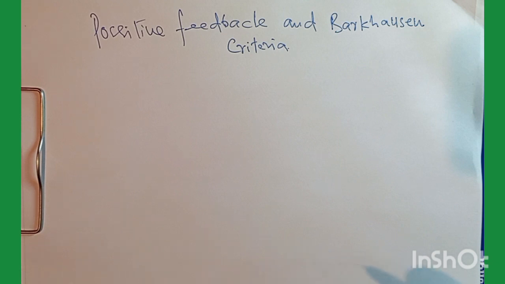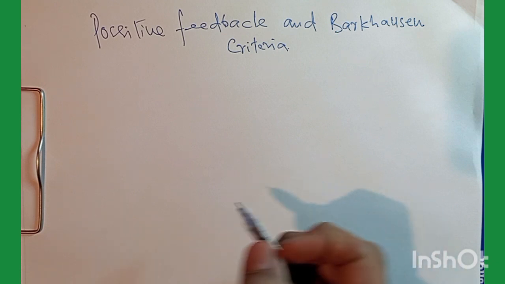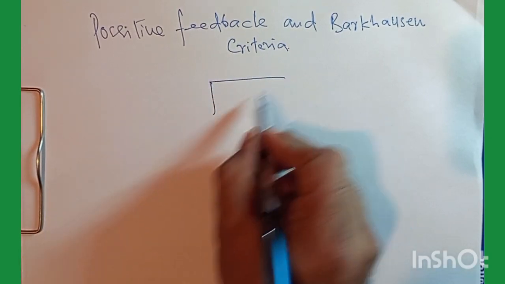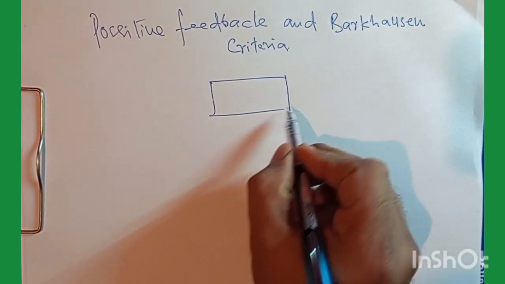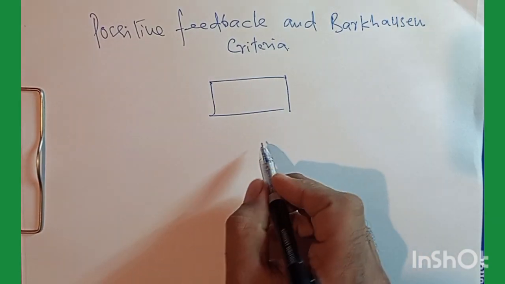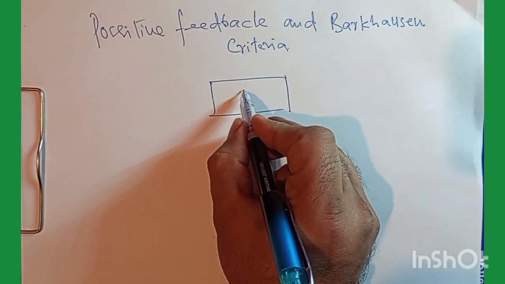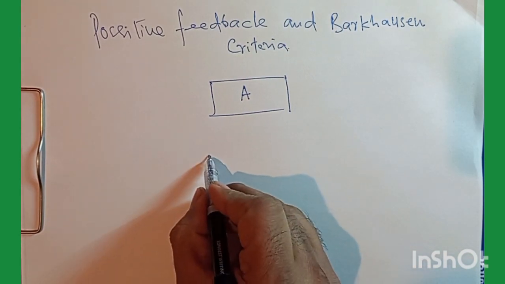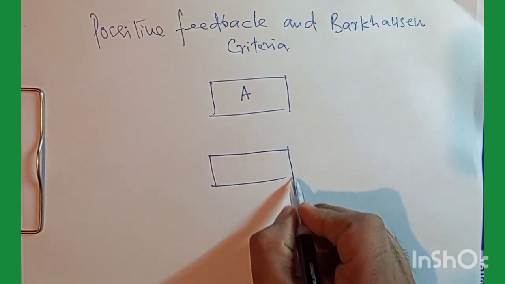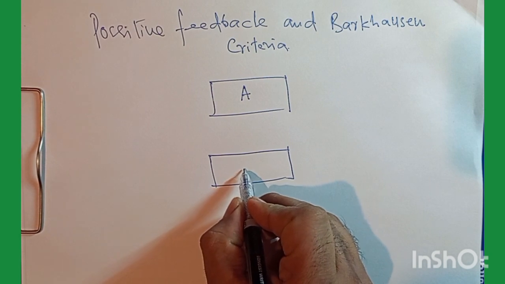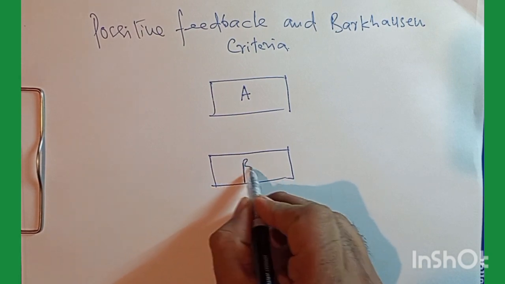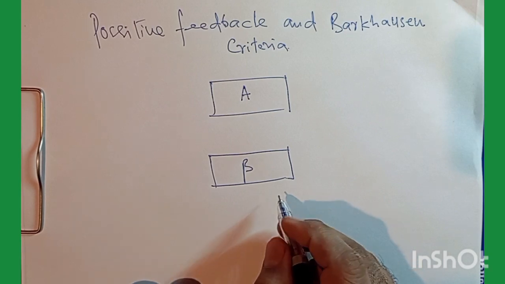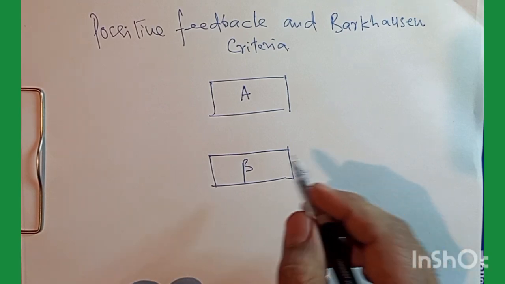To start with, if I go back to the concept here, we have an amplifier, and let us assume that the gain of this amplifier is A. Then we have a feedback circuit, and let us assume that beta is the feedback ratio.